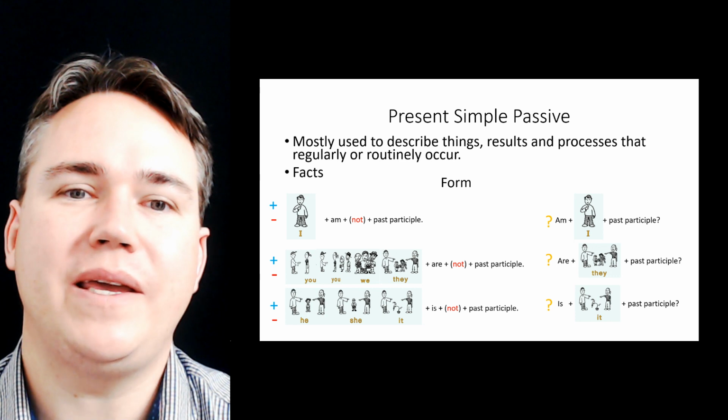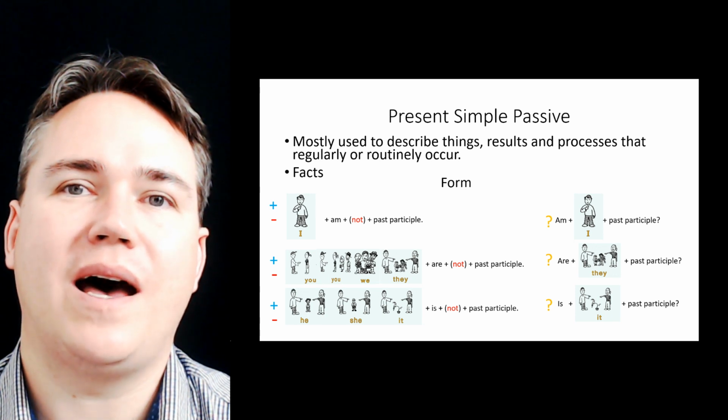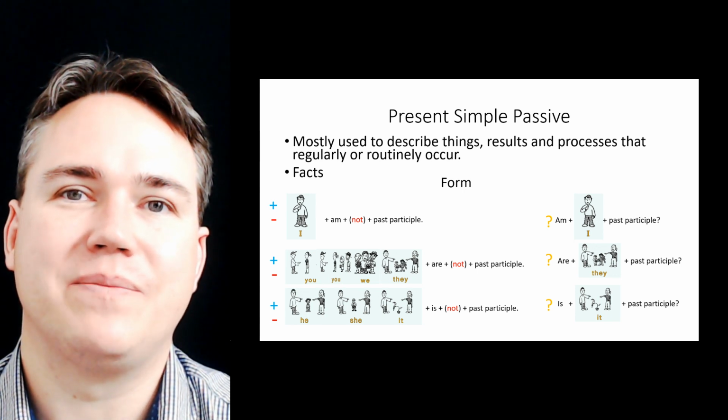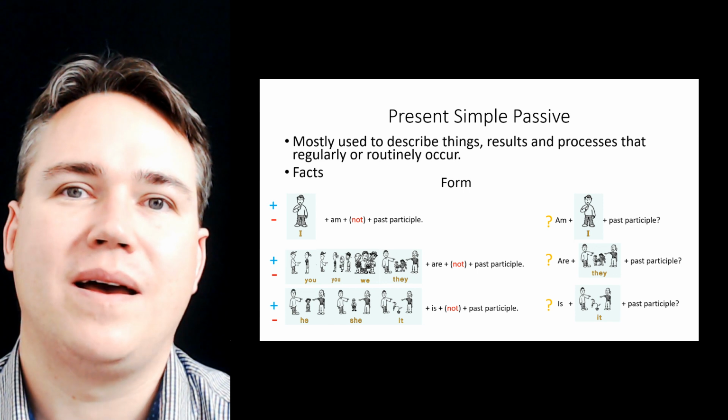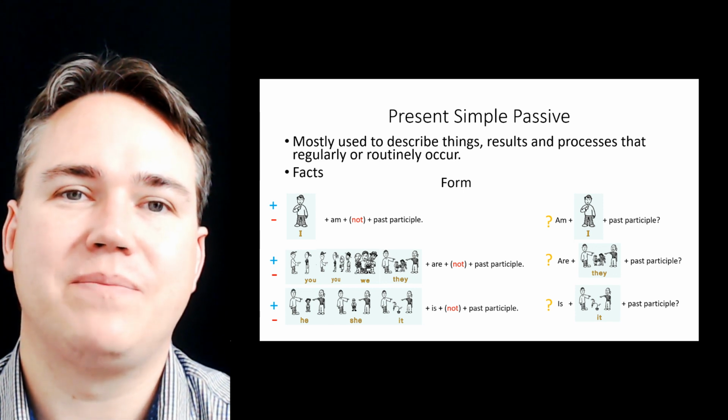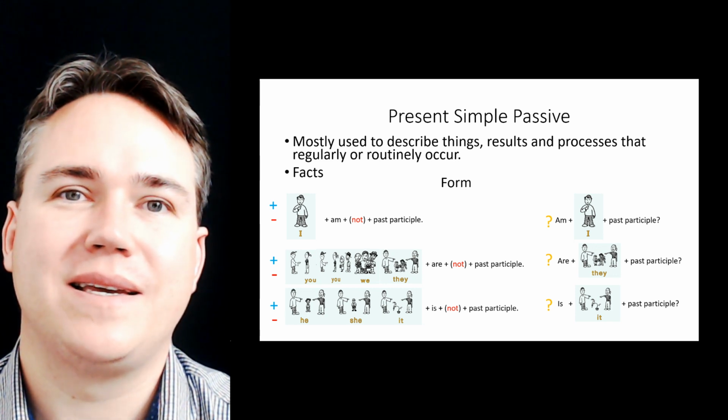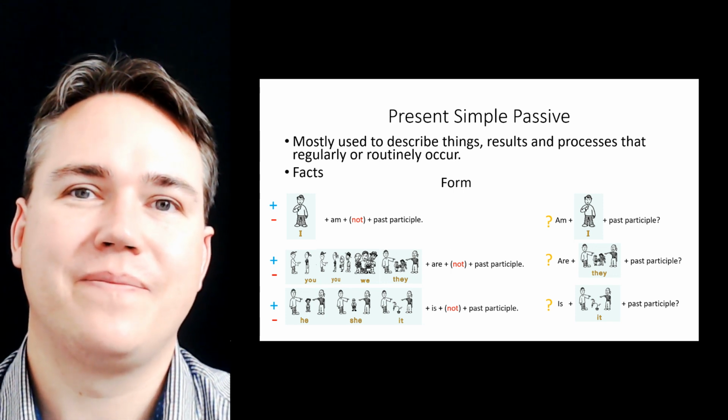You, we, they are and past participle, or you, we, they aren't and past participle. Are you, are we, are they and past participle. He is, she is, it is and past participle. Is he, is she, is it and past participle.